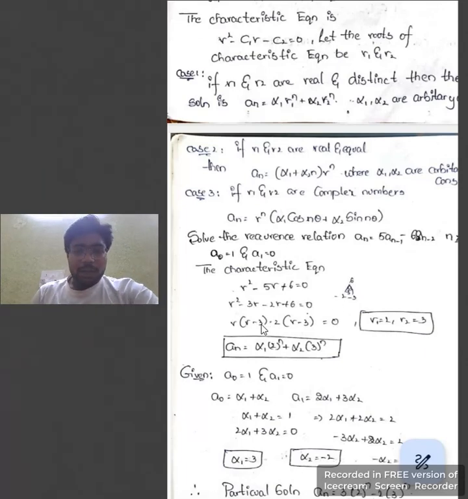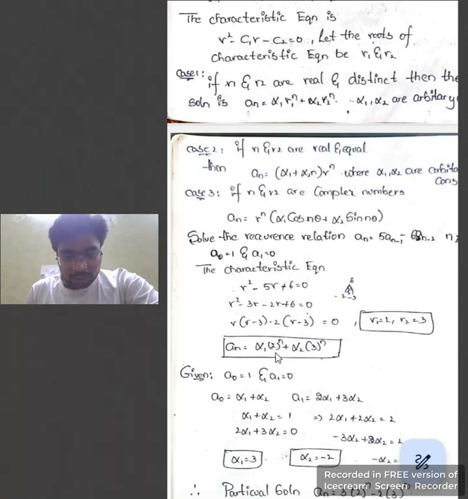We know that an equal to alpha 1 2 power n plus alpha 2 into 3 power n. We know that a naught equal to 1 and a1 equal to 0. These are the given values. If you substitute in this formula, initially n equal to 0, then a naught equal to alpha 1 plus alpha 2.